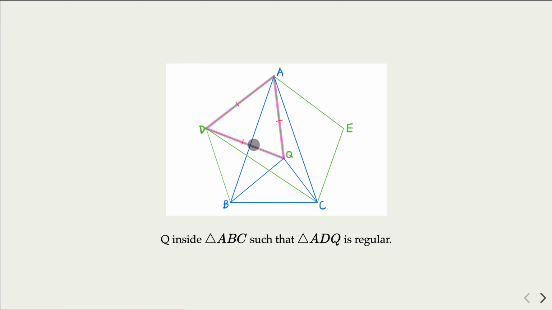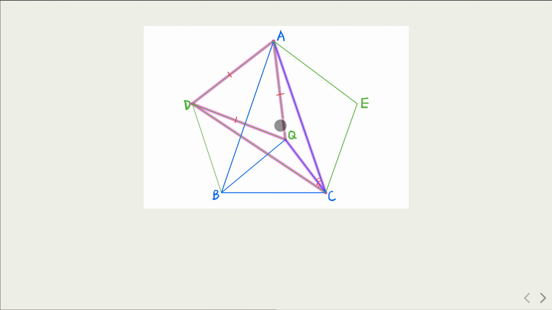All right. So we claim that we have congruent triangles CDQ and CAQ. Why? Because this is an isosceles triangle, and this angle here is 72 minus 60 degrees, 12 degrees, and here the same thing, 12 degrees.